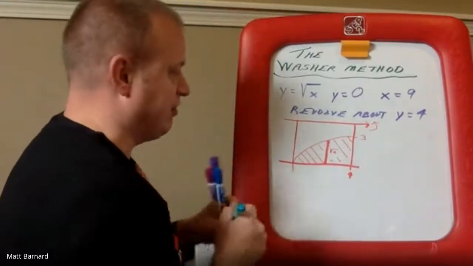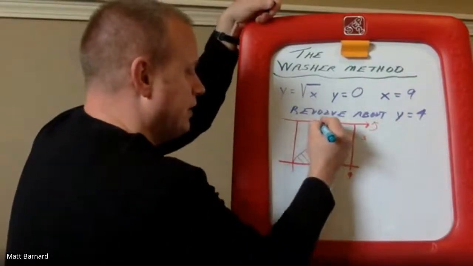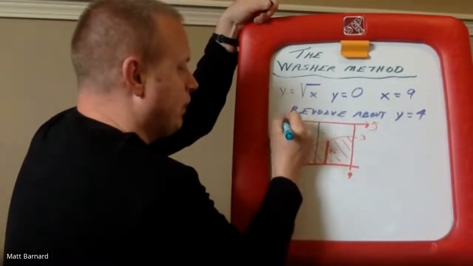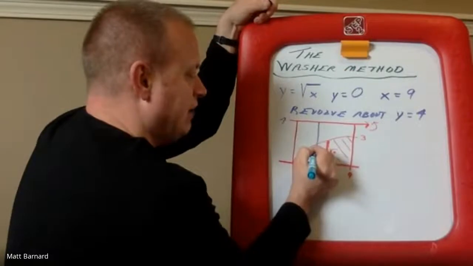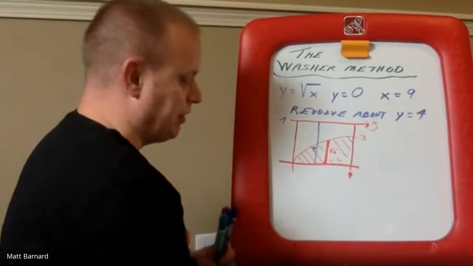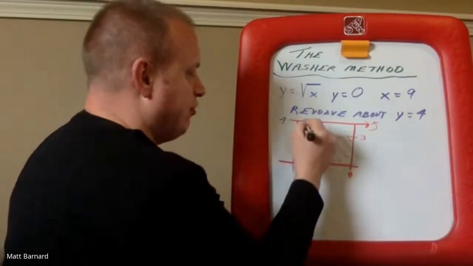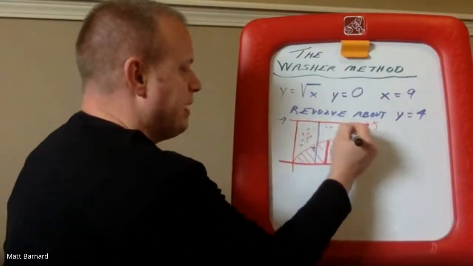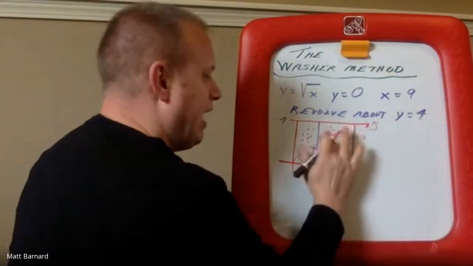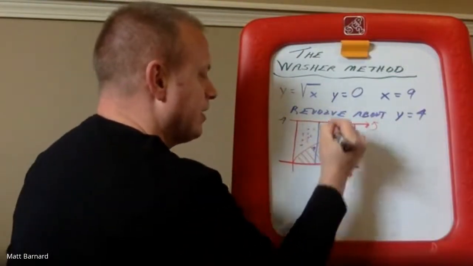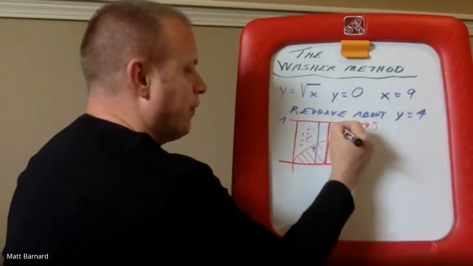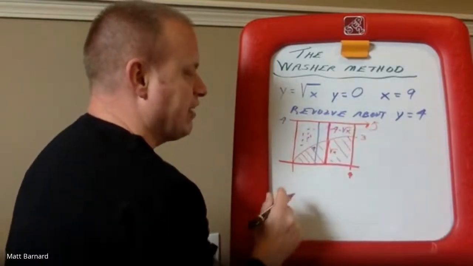Now, this axis that goes all the way through, because we're up here rotating around 4, has a length of 4. And so what we have left over is this piece that we, in theory, want to get rid of. Well, how long is that? Well, that region right there would be 4 minus the square root of x.